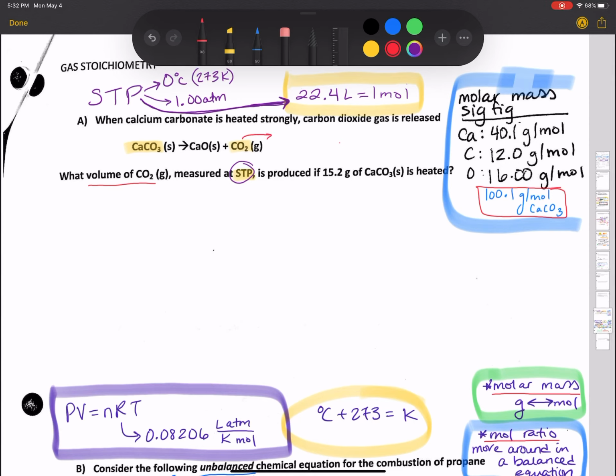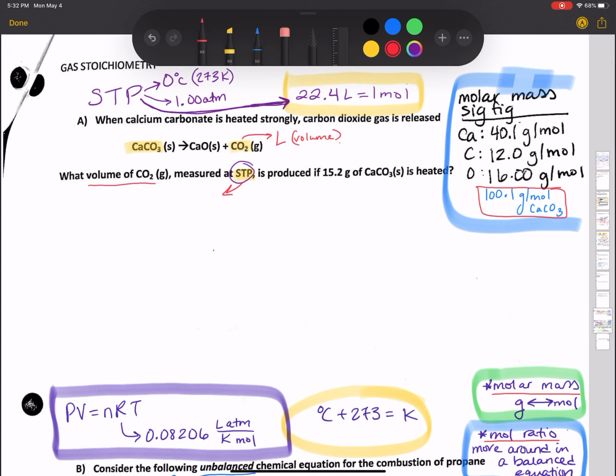That means I'm going to be looking for liters. I'm going to write volume there in parentheses. I know it's liters because remember, I'm going to end up using the ideal gas law, and so I have to use whatever units were in R. So what volume of carbon dioxide gas measured at STP?